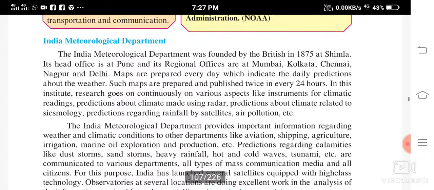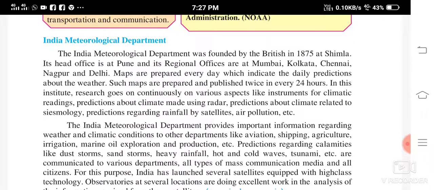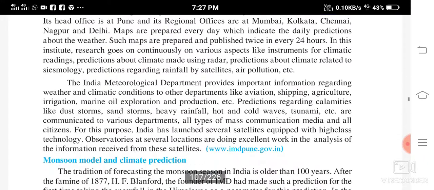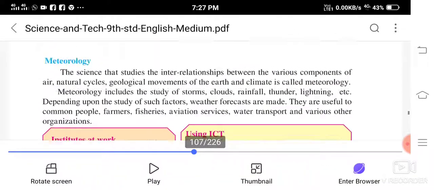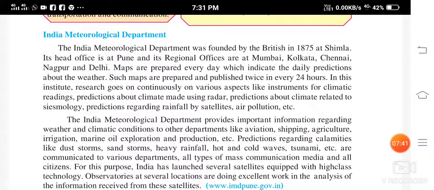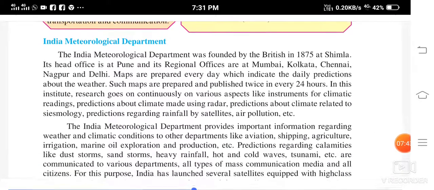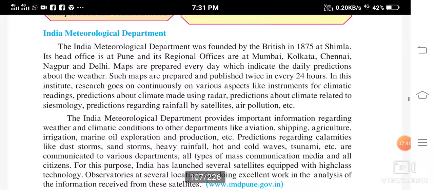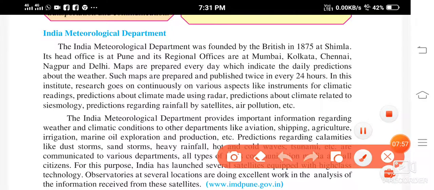Now, India Meteorological Department. Let us study about the India Meteorological Department. The India Meteorological Department was founded by the British in 1875 at Shimla. So this is the meteorological department in India.